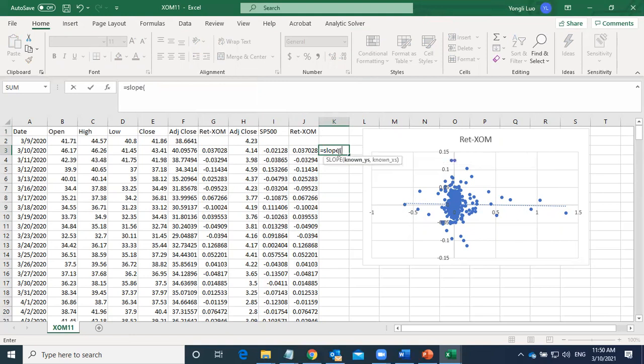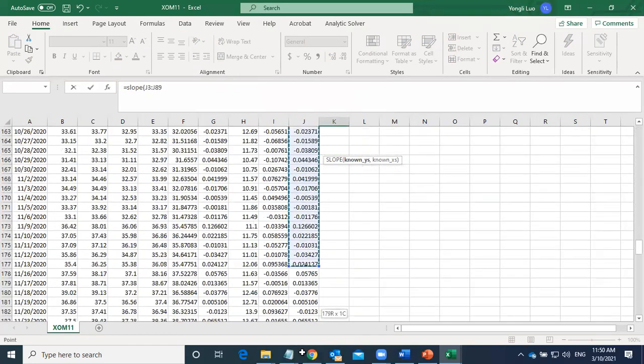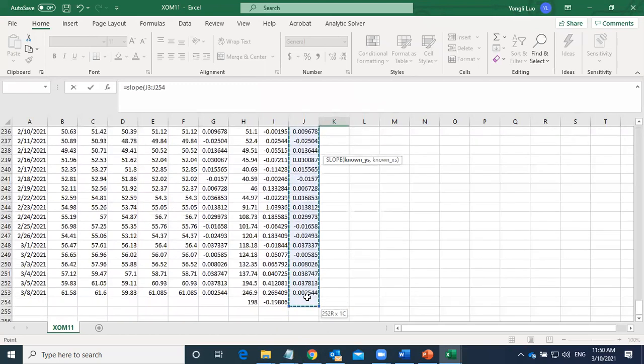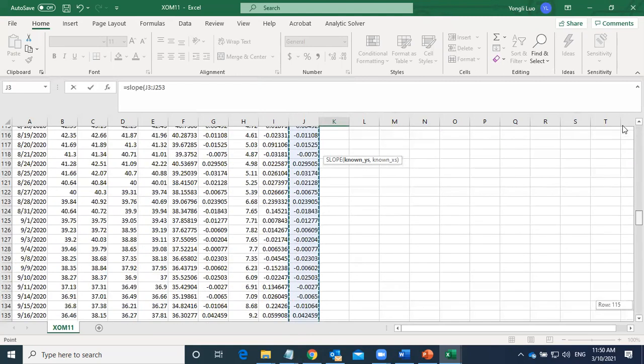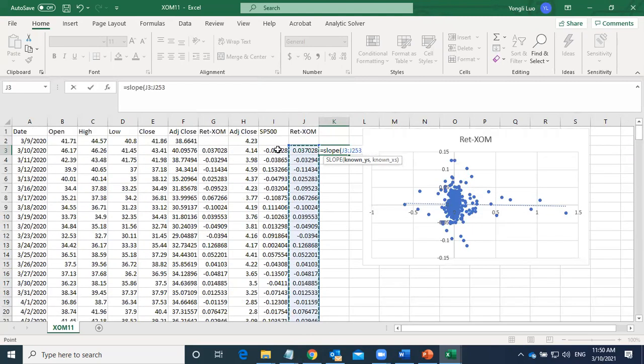This is your y, and this is your x. Y is your dependent variable, and this is your independent variable.